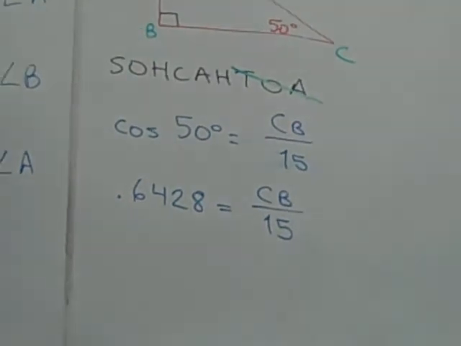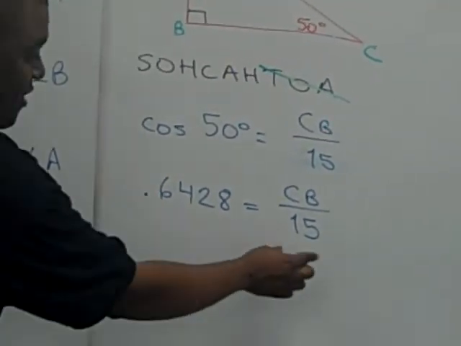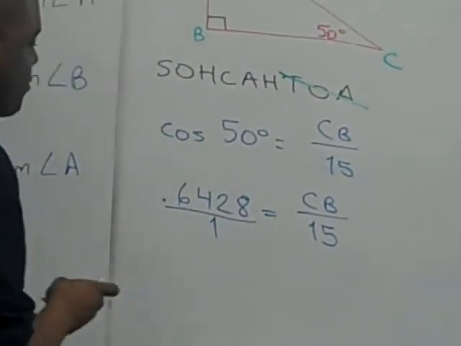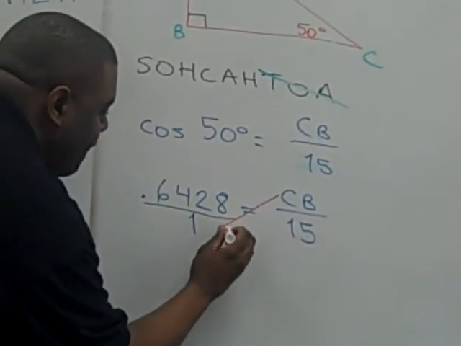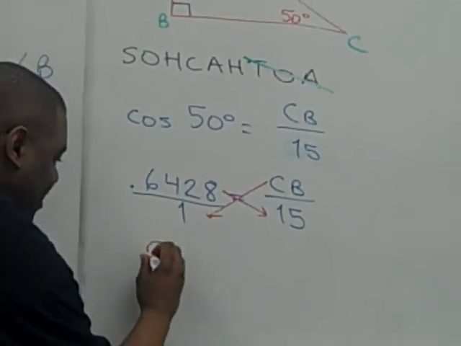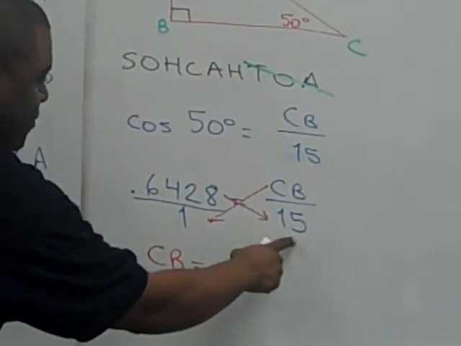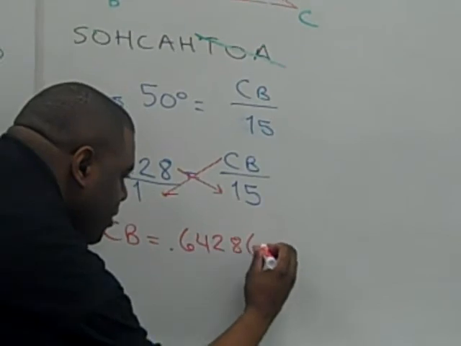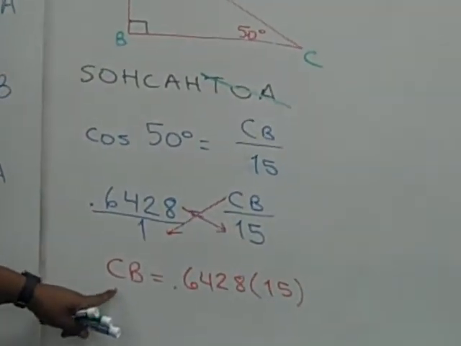All right? Once again, I'm going to make 0.6428 a fraction, because this is a fraction. So I'm going to put this over 1. And I'm going to cross multiply, which means I'm going to get CB times 1 to get CB equal to 0.6428 times 15. And again, there's no dividing because I had just a CB over here.